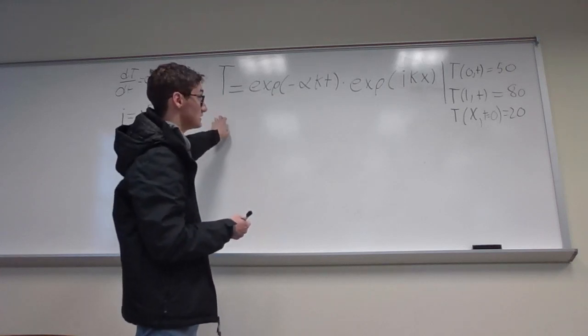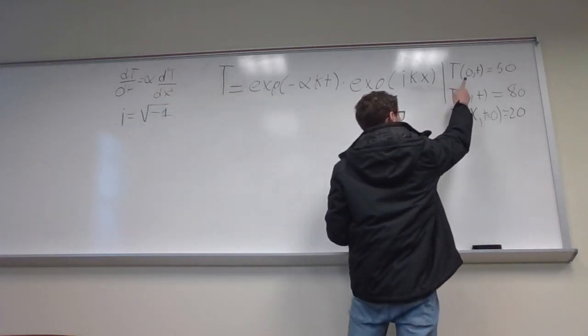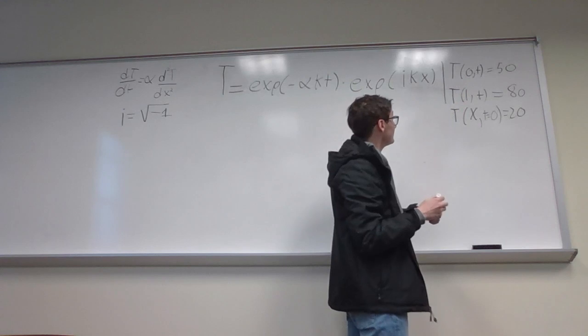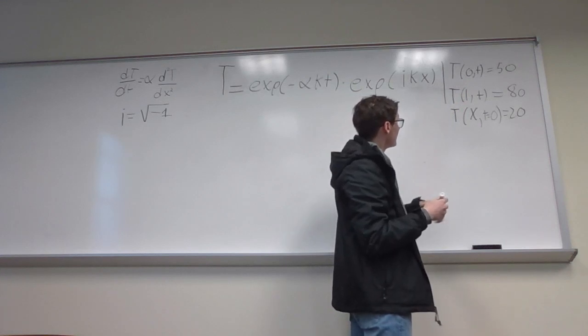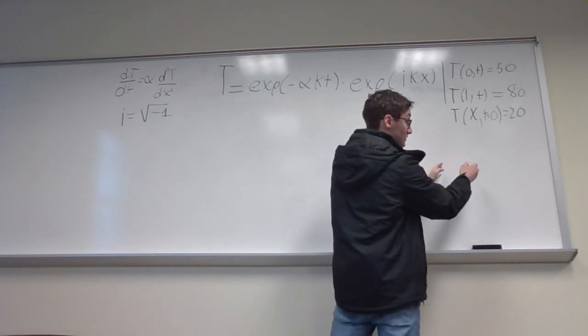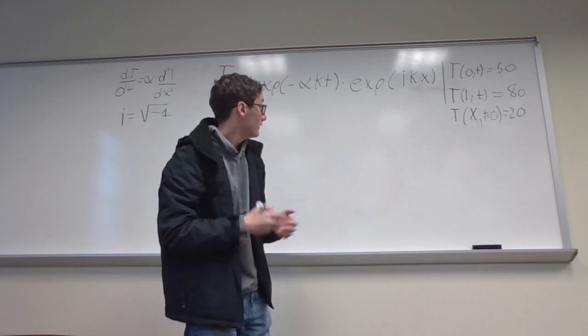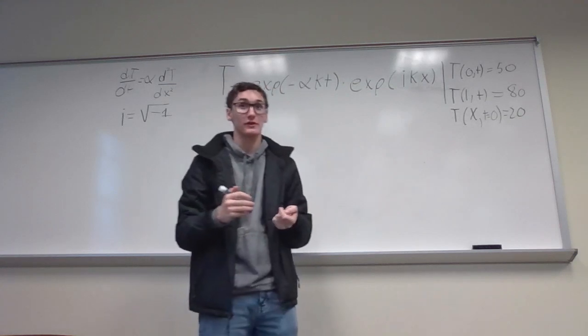Basically, this equation needs to solve for T at position 0, at any time the far side of the bar is 50, while the other side is 80, and that any place in between at time 0 equals 20. So we have a very specific equation.